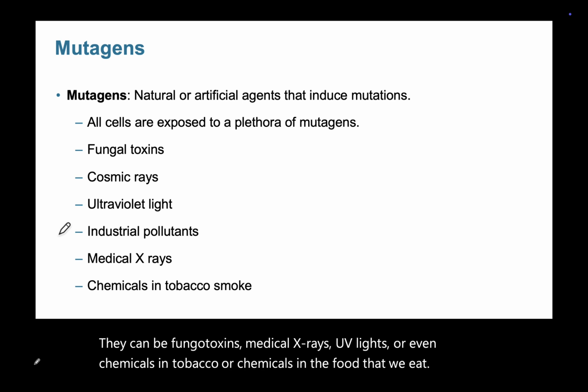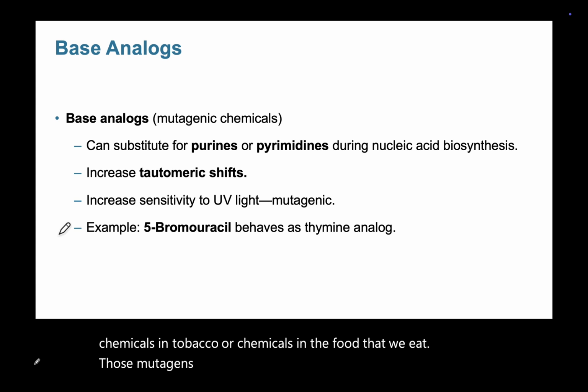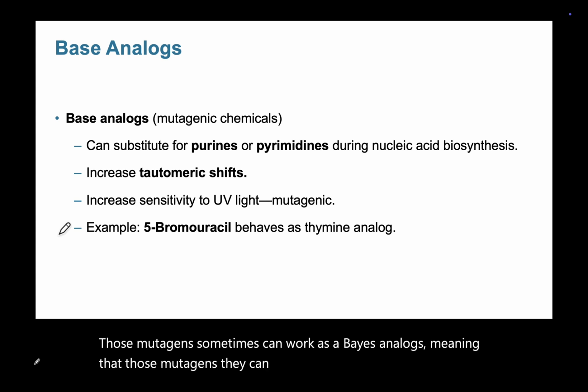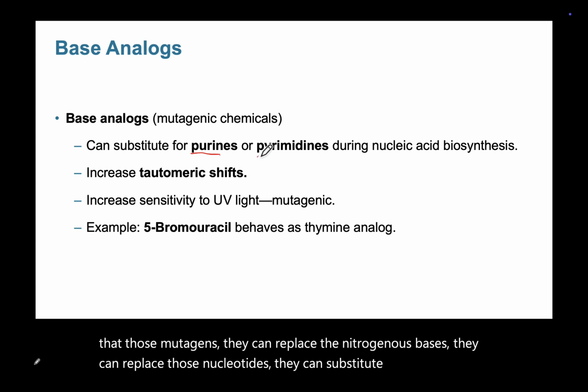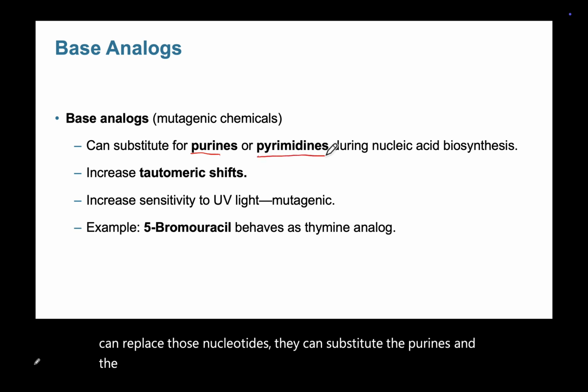Those mutagens sometimes can work as base analogs, meaning that they can replace the nitrogenous bases. They can replace those nucleotides. They can substitute the purines and the pyrimidines when the DNA is being replicated and synthesized.